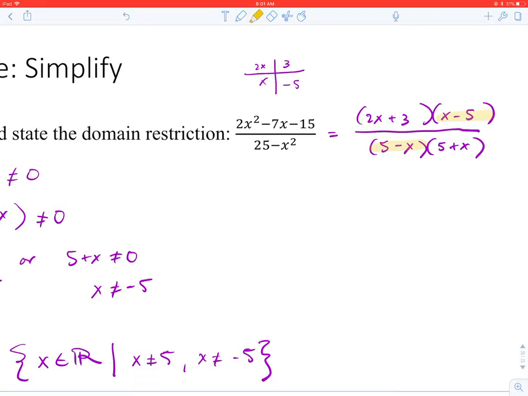So the x minus 5 looks close to 5 minus x, but they're opposite signs. So in the denominator, I'm going to factor out a -1 from the 5 minus x. So this time I'm leaving the numerator alone.